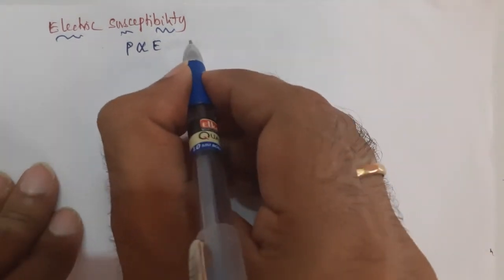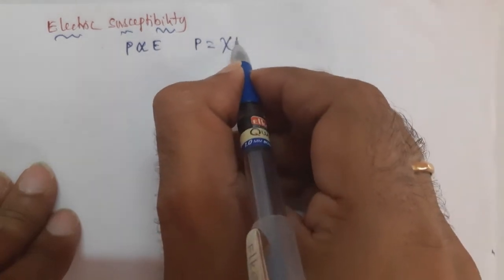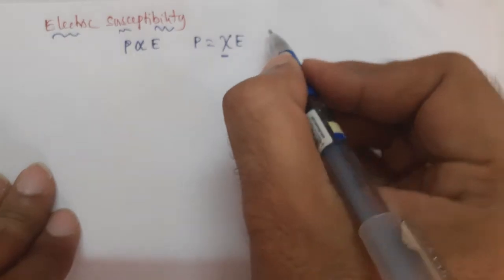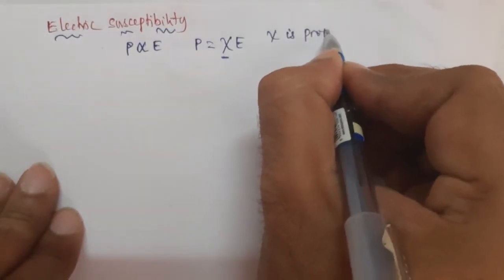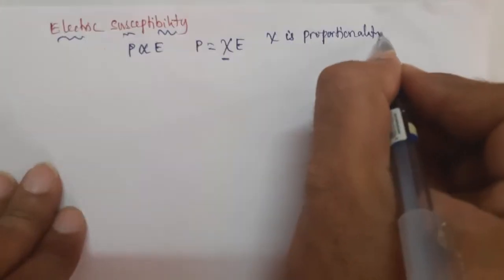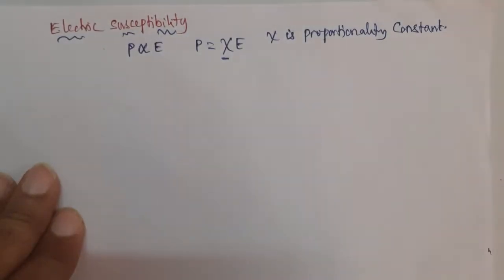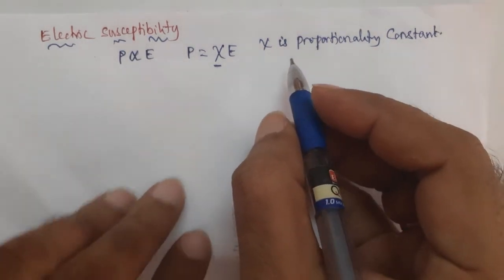Or you can write that P is equal to Xi into E. This is a proportionality constant, and this proportionality constant is called the electric susceptibility.